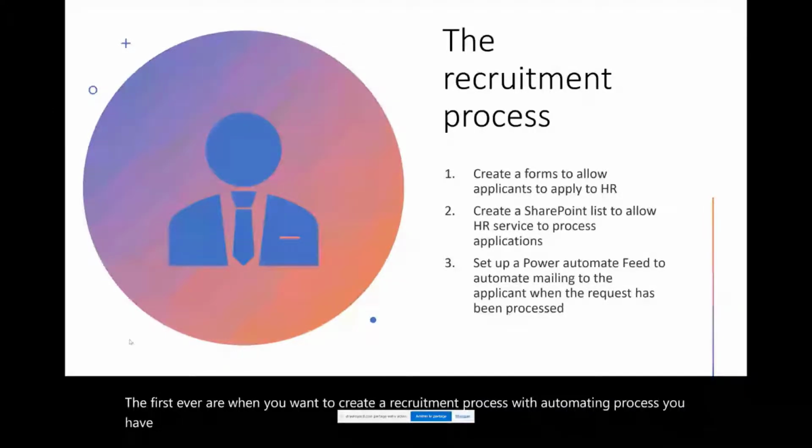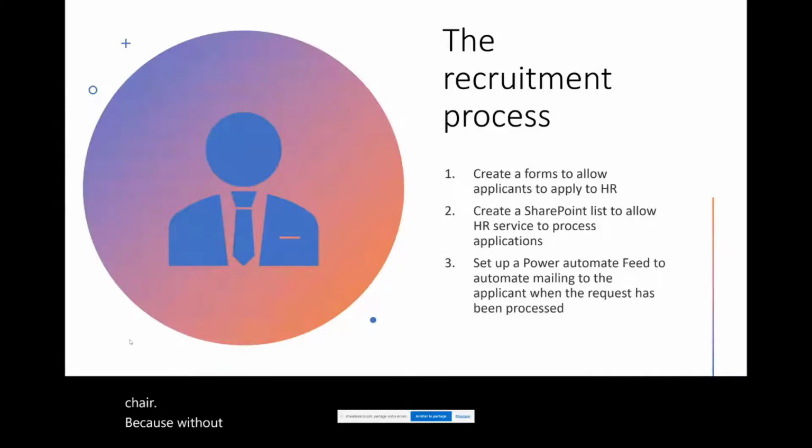The first step is to create forms to allow applicants to apply to HR. Without this entry, you receive emails or calls by phone, and it's not an automatic process, so you cannot automate it.